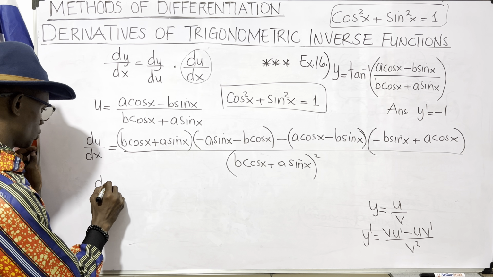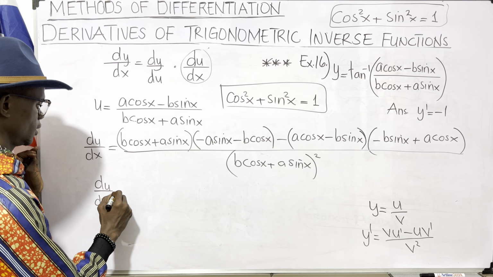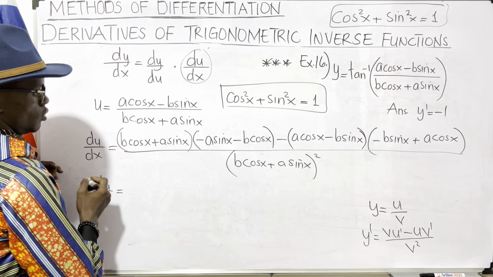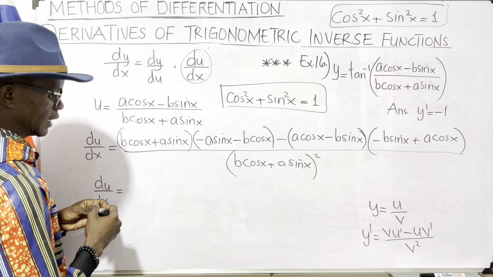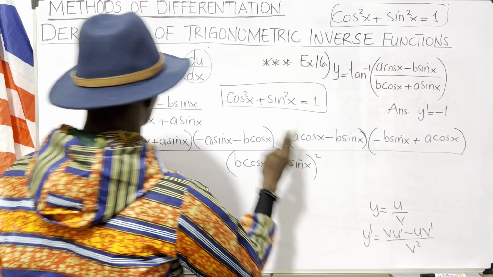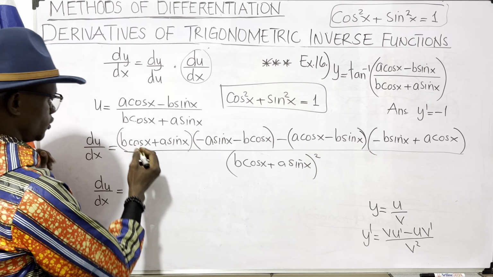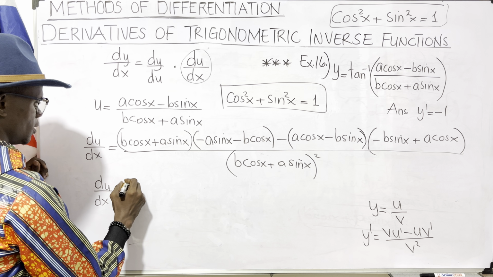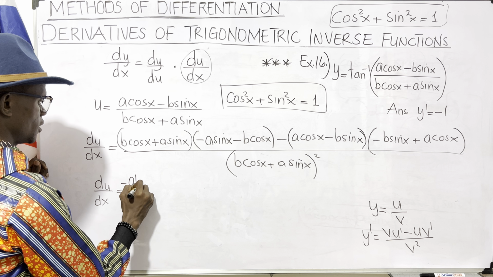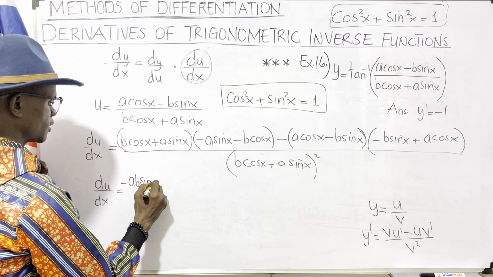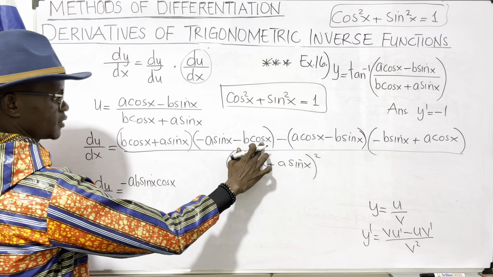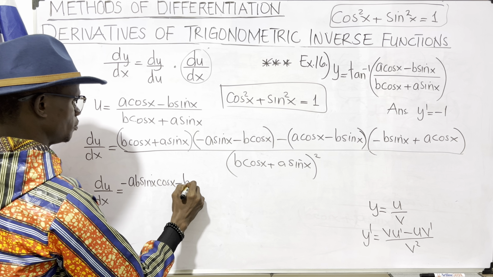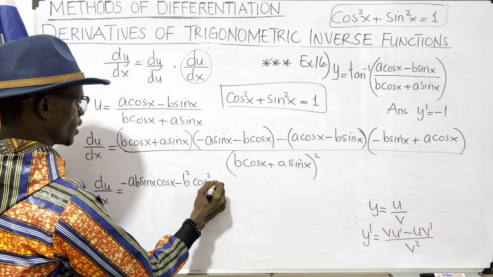So du/dx is just equal to, now let's multiply them one by one. This time this gives us minus ab sin x cos x, and then this gives us minus b² cos² x.